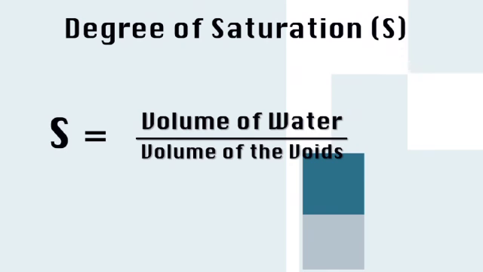Here are diagrams showing various properties of soil. The degree of saturation, S is the symbol, is the volume of the water over the volume of the voids.